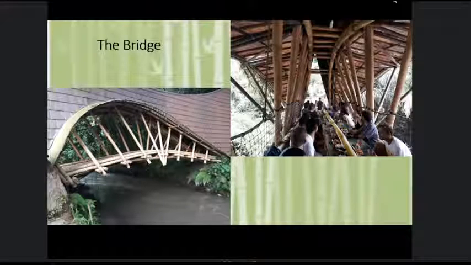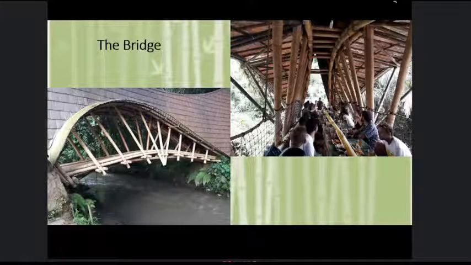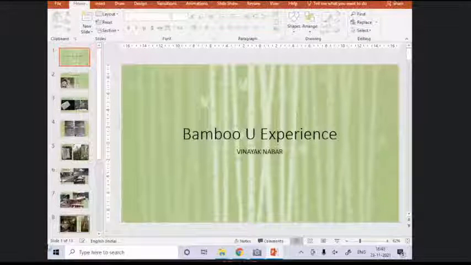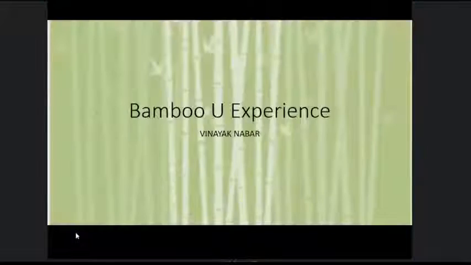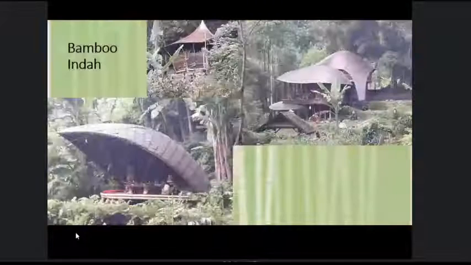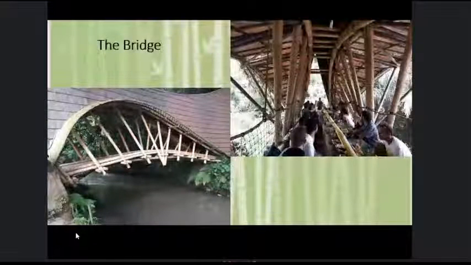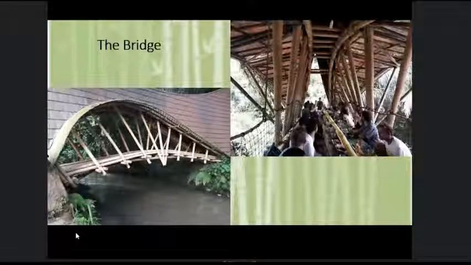And I think on the first day we were served lunch on the bridge. It's not a very wide bridge, but we sat at the side, centrally, and were served lunch. Roofing of that is bamboo shingles.